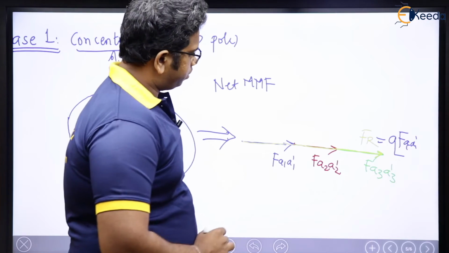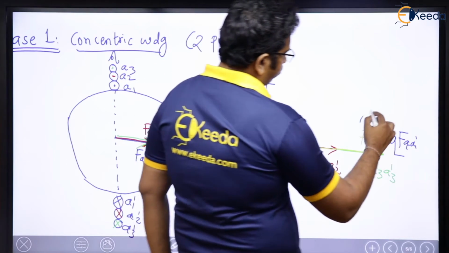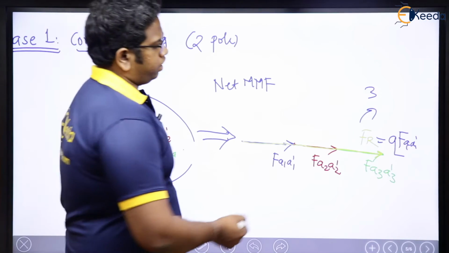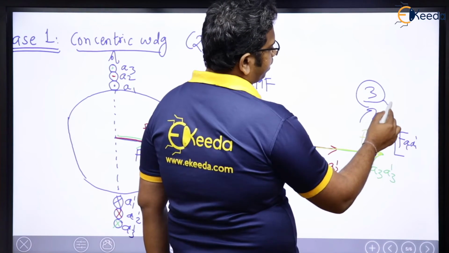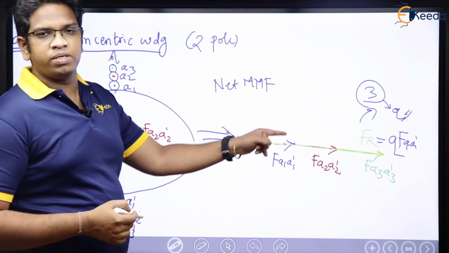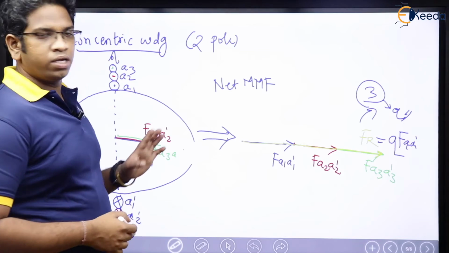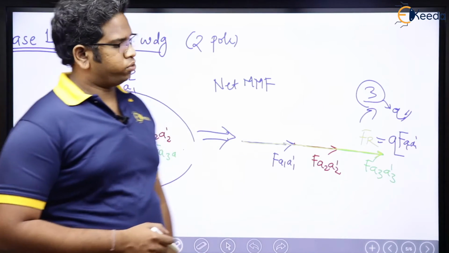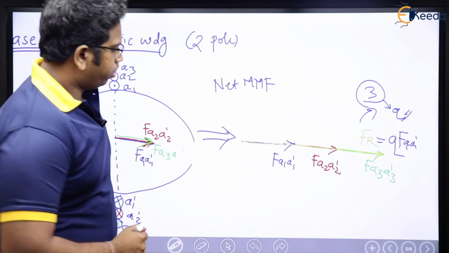It is actually going to be 3 times, but we know that 3 is our lucky number and 3 indicates Q in our case, which is nothing but slots per pole per phase, meaning the number of slots available. So let me just take 3 as Q. That's it. No problem. Now see here.